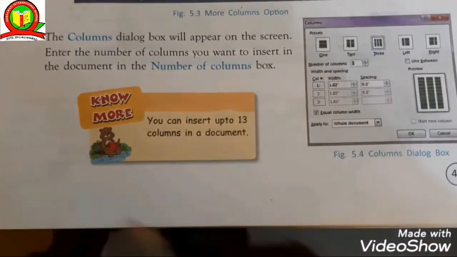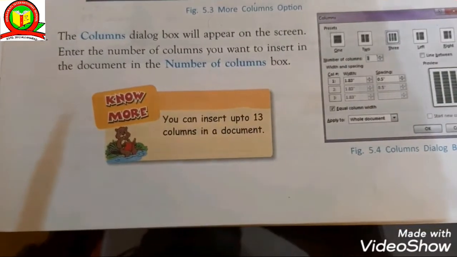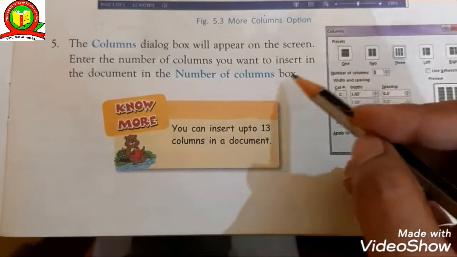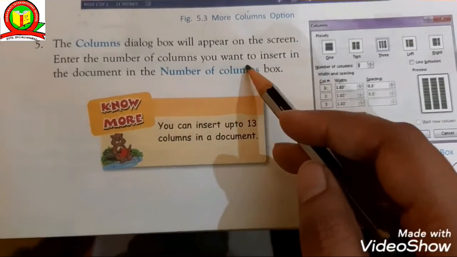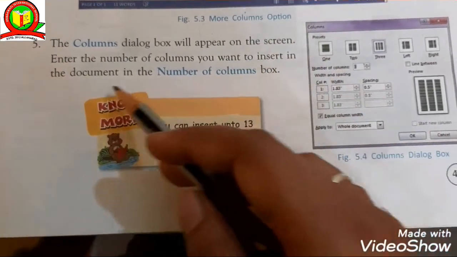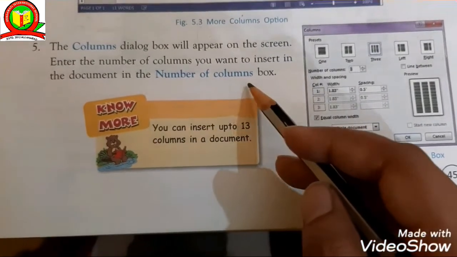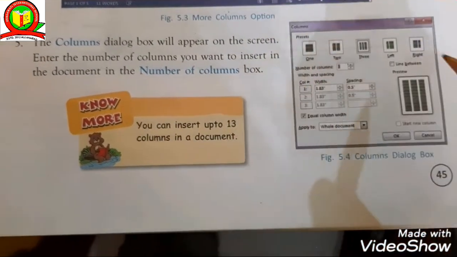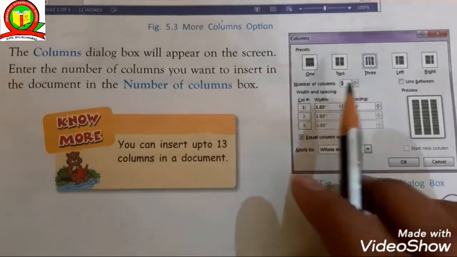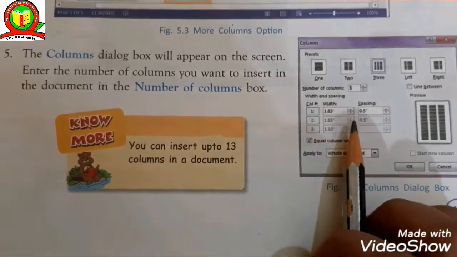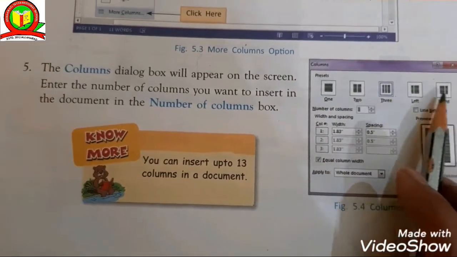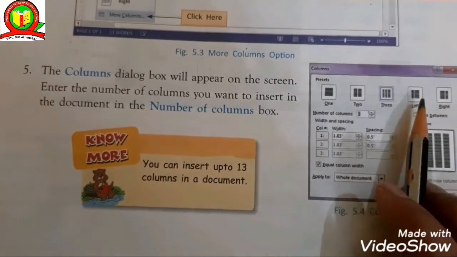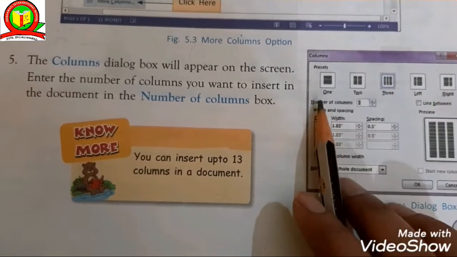Now the fifth step is that the Columns dialog box will appear on the screen. Enter the number of columns you want to insert in the document in the Number of columns box. So this figure explains the Columns dialog box. From here 1, 2, 3, left and right are given.